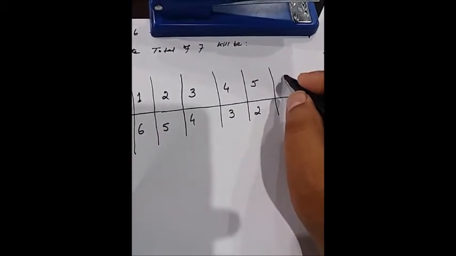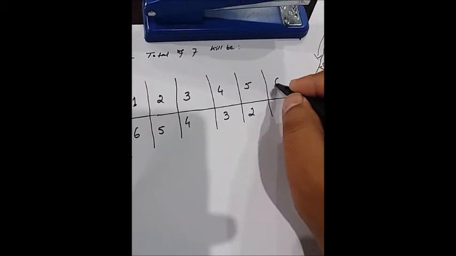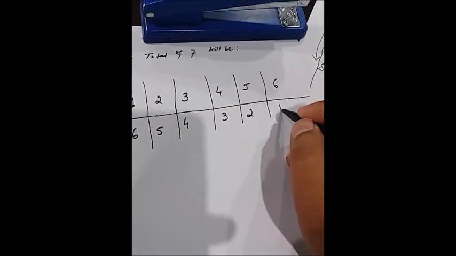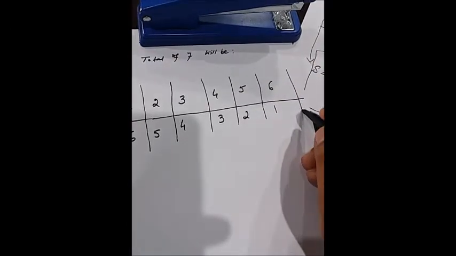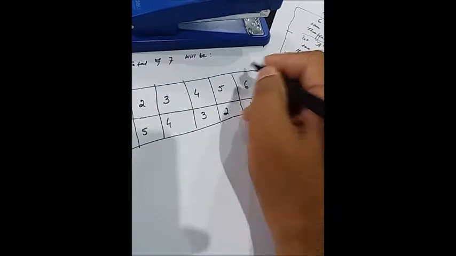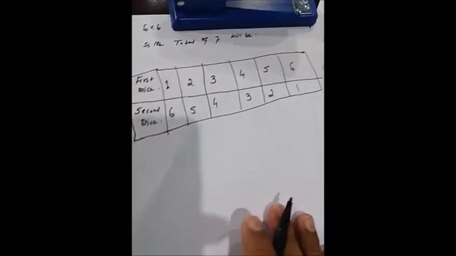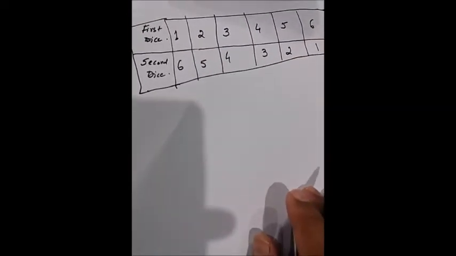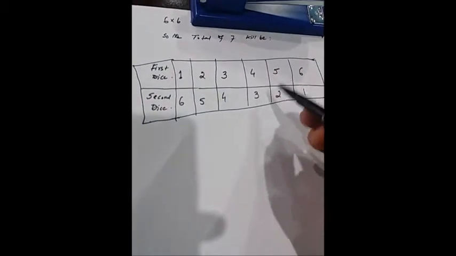If the first die rolls 6 and the second die rolls 1, there is a possibility to obtain 7. So how many ways do we have? We have 1, 2, 3, 4, 5 and 6. Six ways by which we can obtain the sum of two dice as 7.